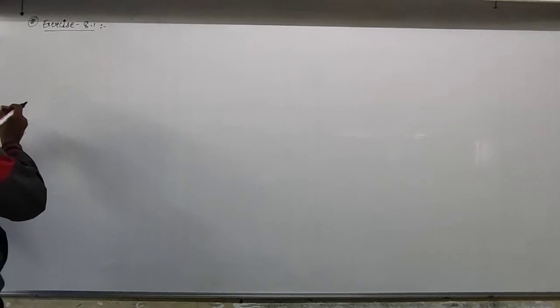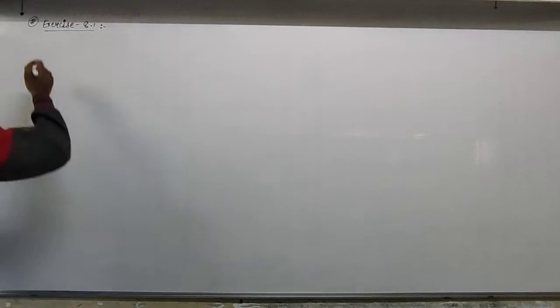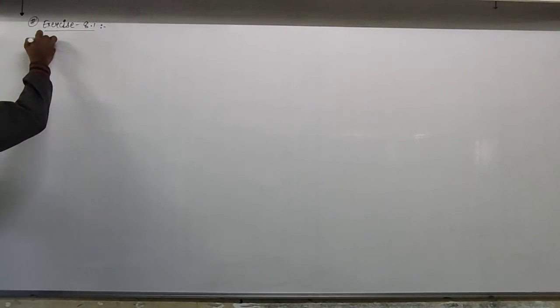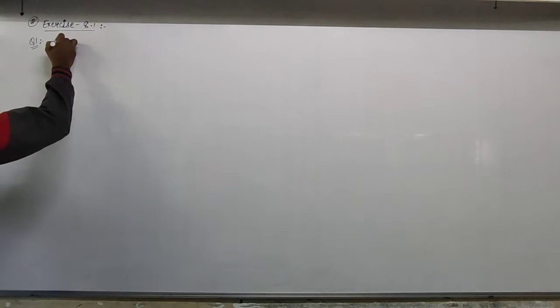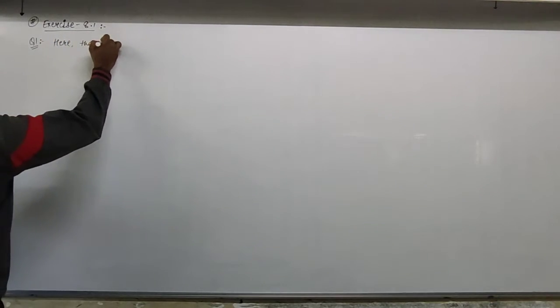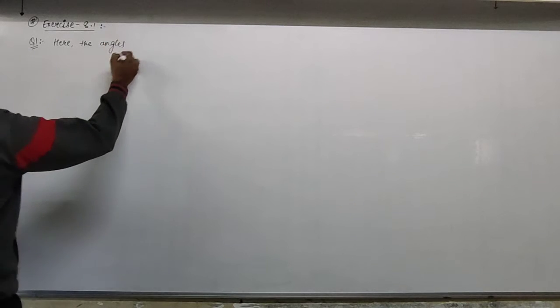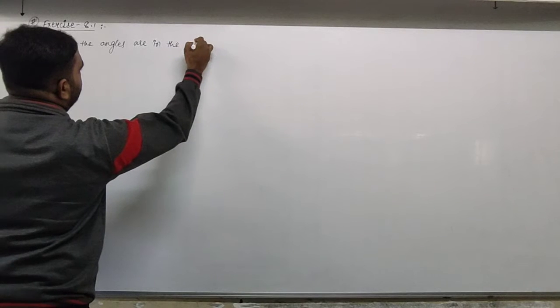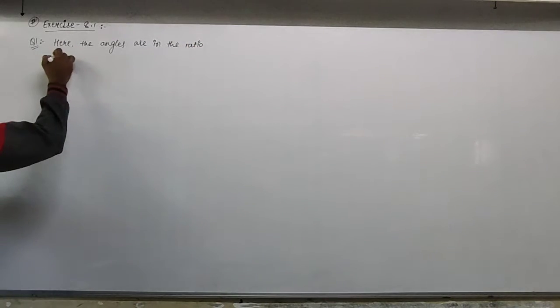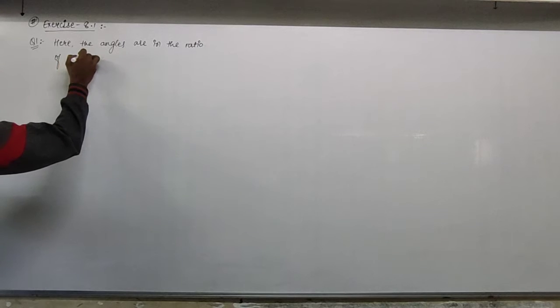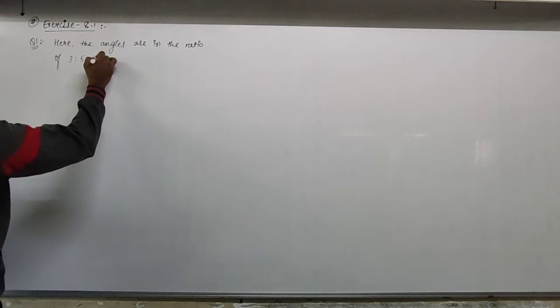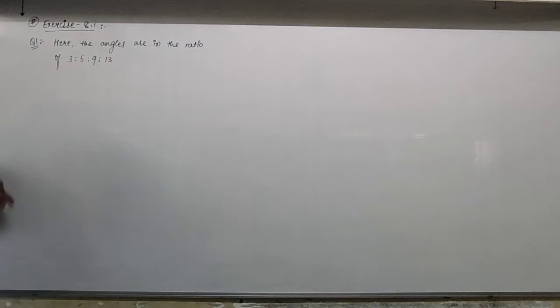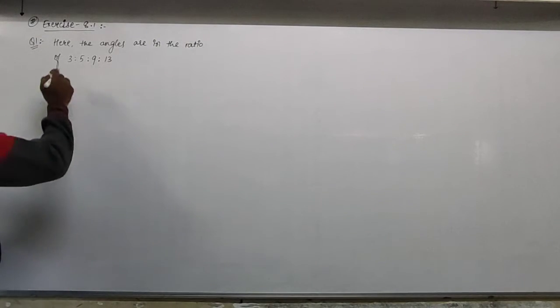So as the question says, here the angles are in the ratio 3:5:9:13. And we are given this as the quadrilateral.